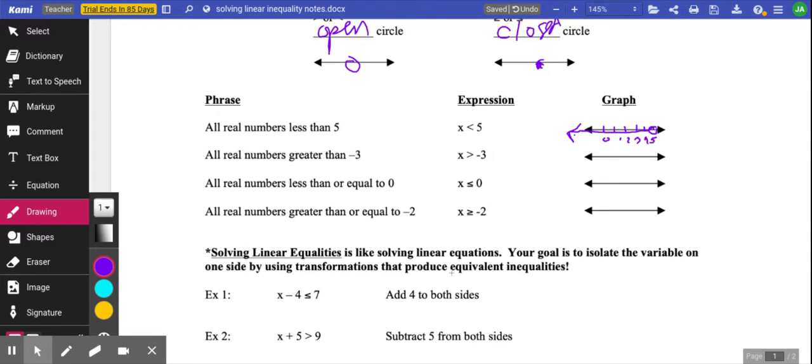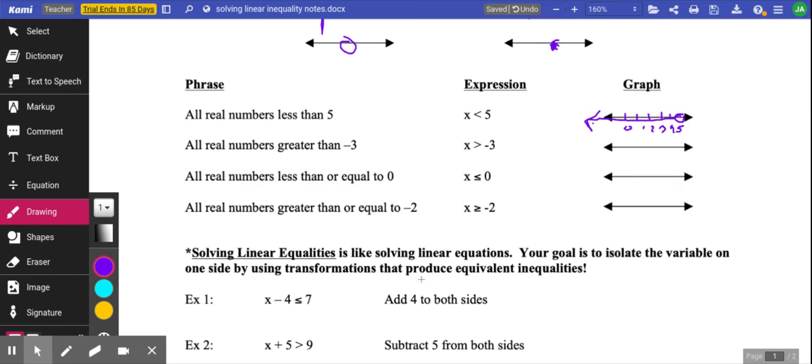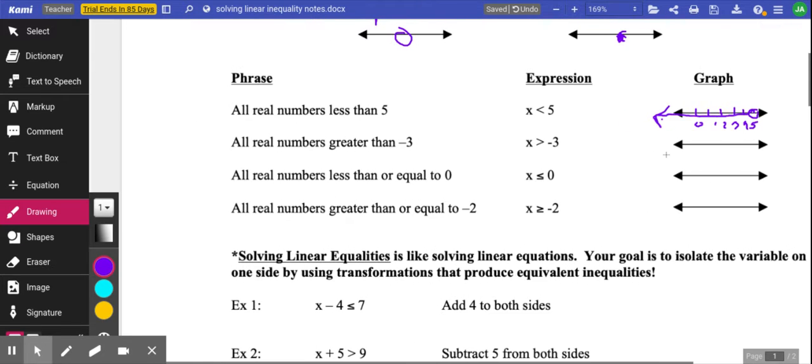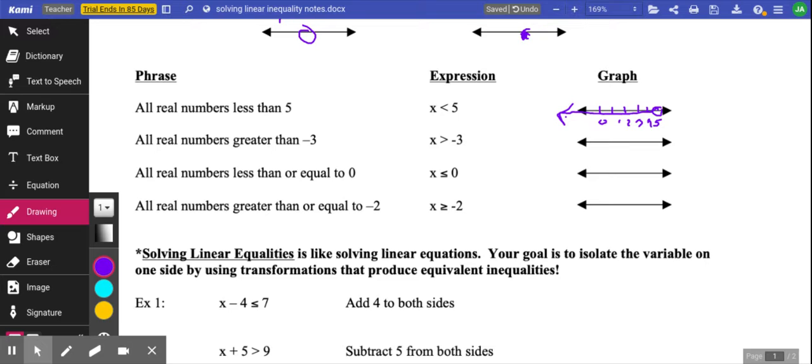Next one, all real numbers greater than -3. Let's put 0 over here, and then 1, 2, 3. Here's -3. Again, it's an open circle because it's greater than, not equal to. And then we draw an arrow going this way because it's greater than.